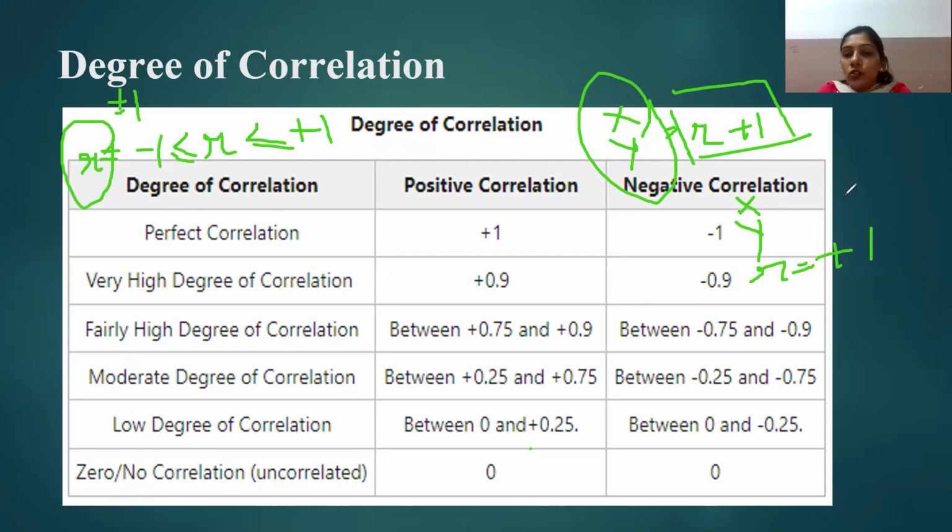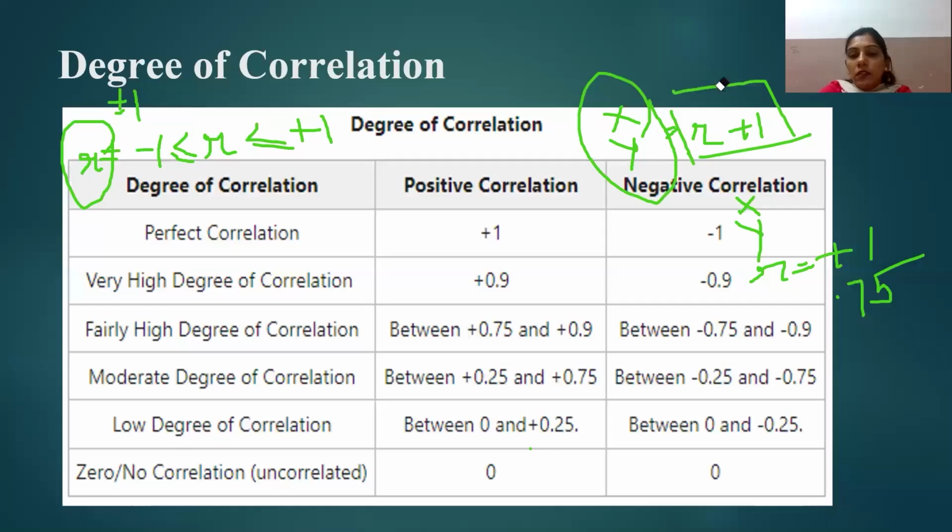And if the value comes near 1, suppose the value is 0.75, then it is a positive correlation and it is said to be a high degree of correlation. Okay, this is how it works.